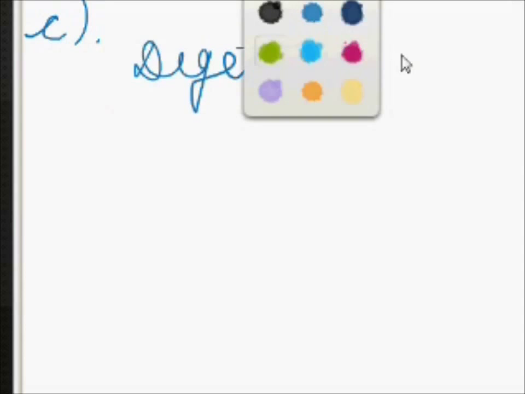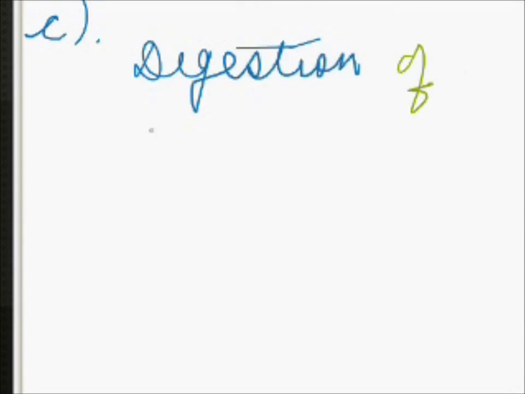The third question says, how is this pH range helpful in digestive system? The acidic pH of gastric juice helps in the digestion of food. Without harming the stomach, hydrochloric acid breaks down the complex foodstuffs into simple molecules.